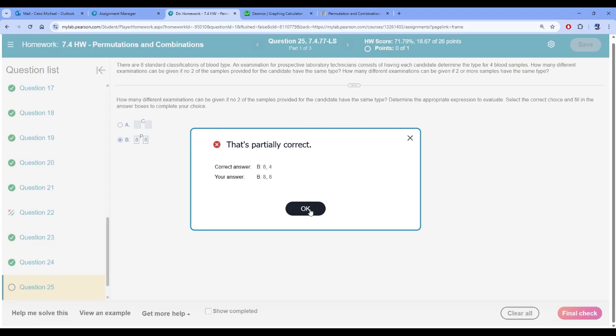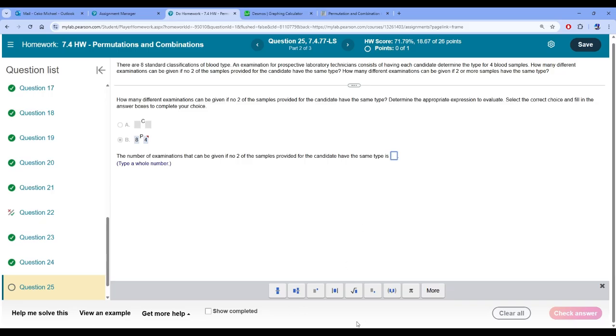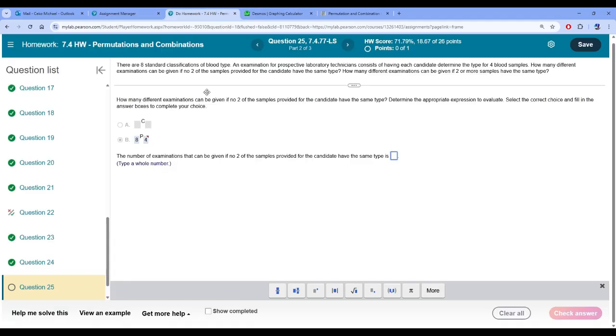What? Correct answer 8P4. And what is it? 8 to the 4th? 4096. I doubt it.